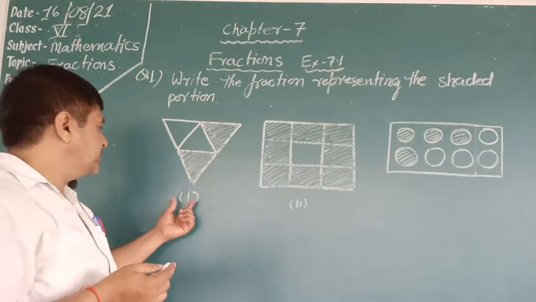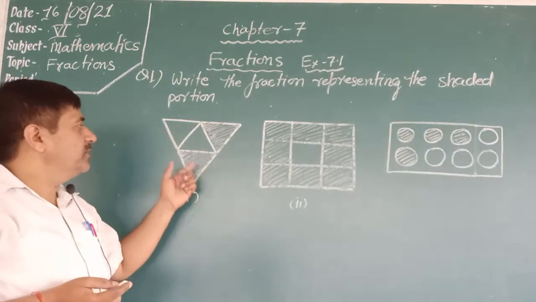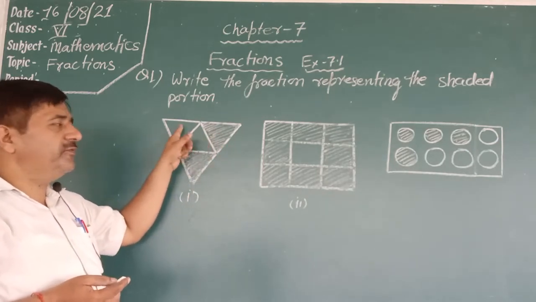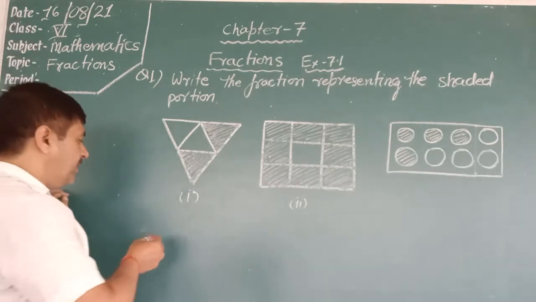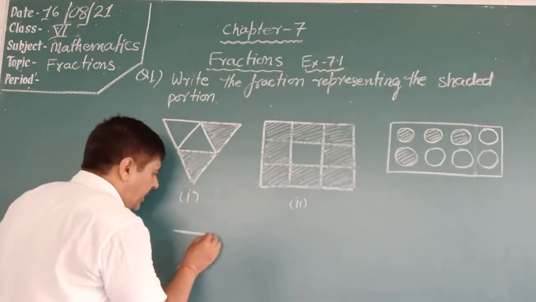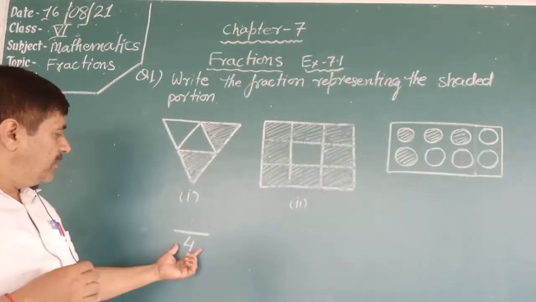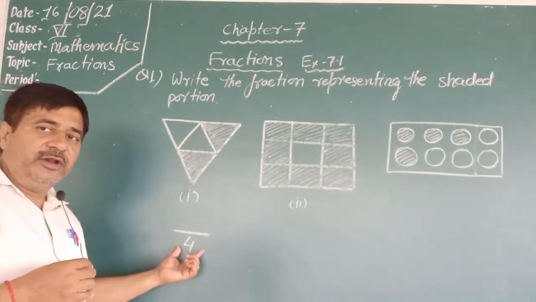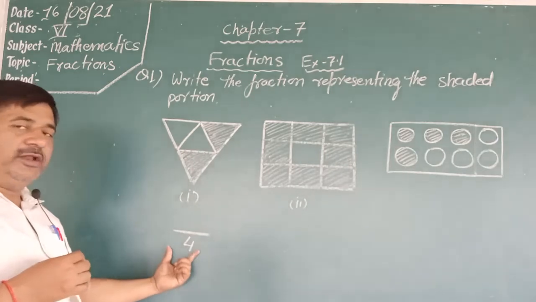Okay, the first part is given, that is the triangle which has 1, 2, 3, 4 parts. How many parts does it have? 4 parts. The whole number of parts you write in the denominator. Okay, total parts are written in the denominator.